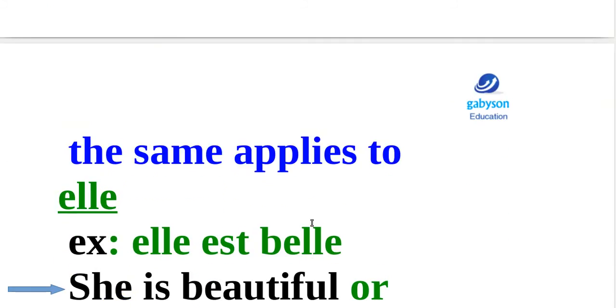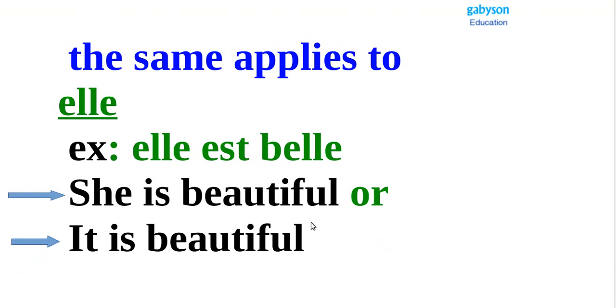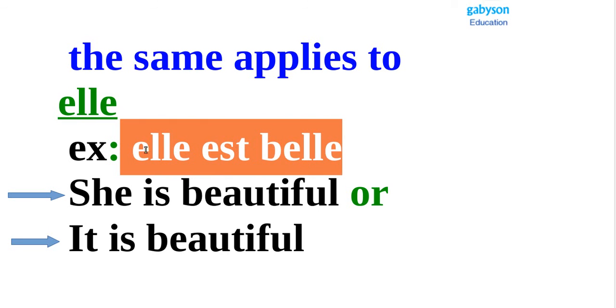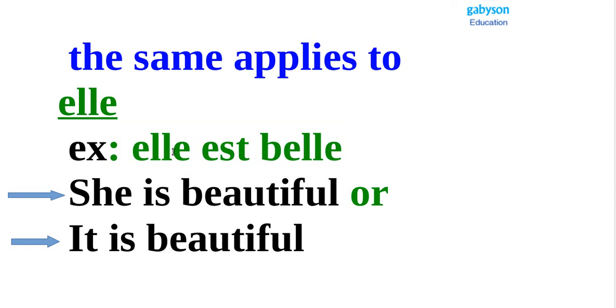The next one is elle. With elle it is the same. It can either be she is beautiful or it is beautiful. The example here is elle est belle, where there is a liaison.